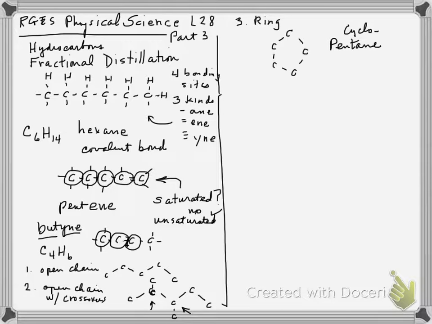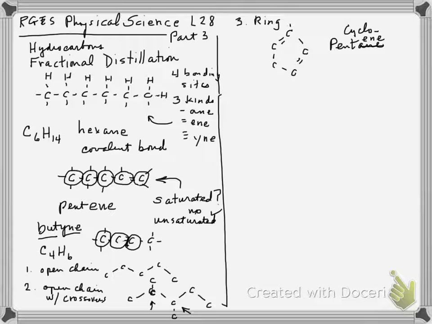Okay, now, what would you call it if it had a double bond here and a double bond there? Well, all you got to see is if it only has, all it needs is one double bond, and you change it from pentane to what? Pentene, yeah. Okay, so it's cyclopentene. Let's put the hydrogens on it now.